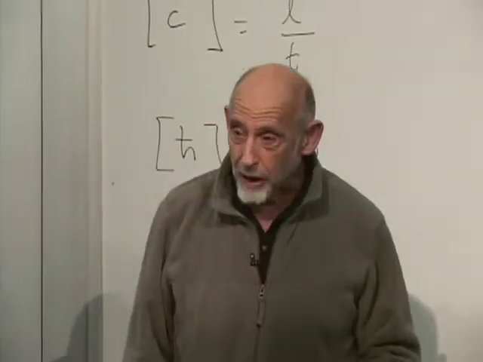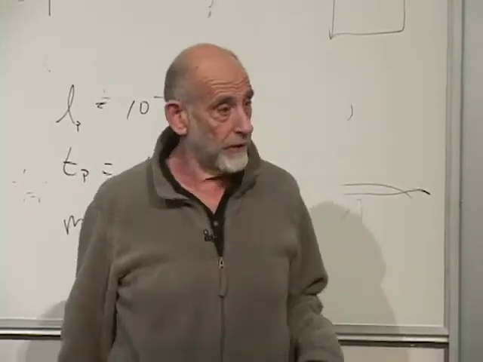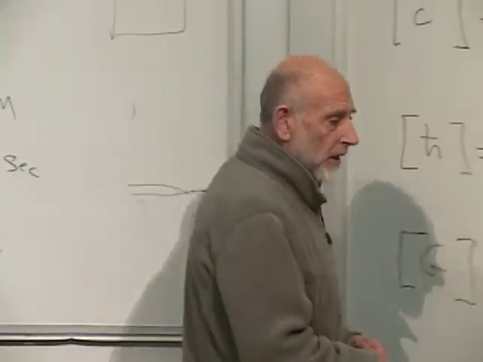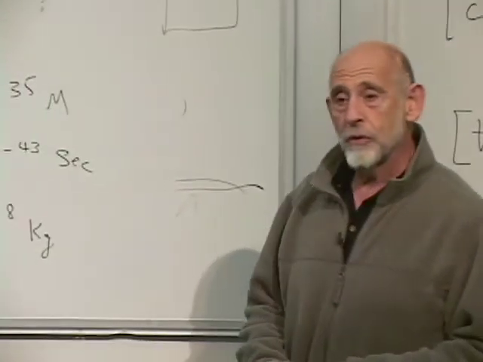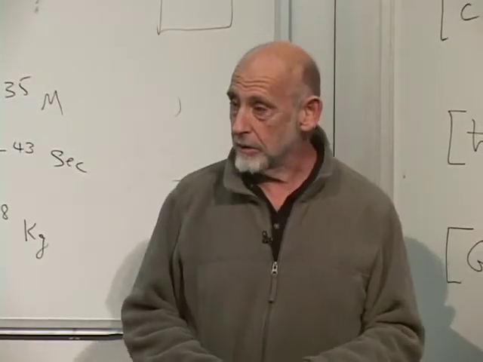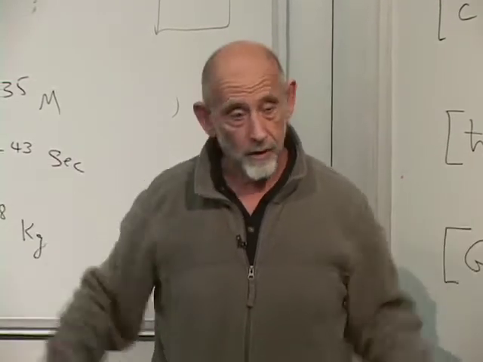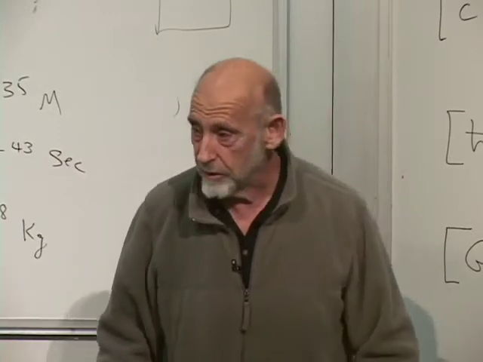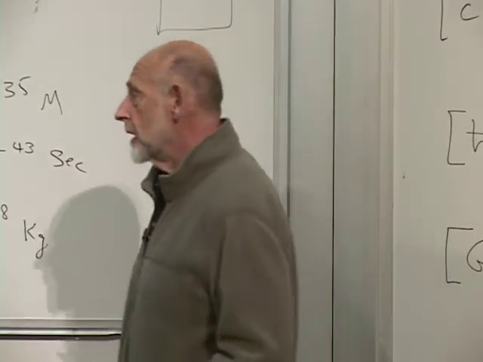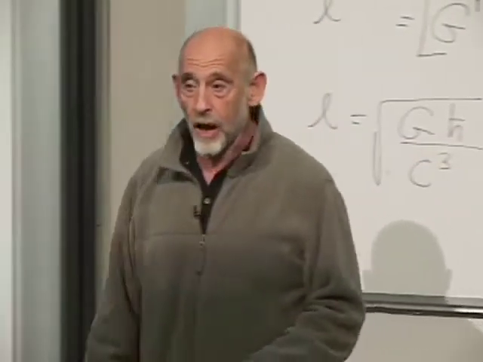Things measured in these Planck units are measured in some very, very fundamental units. I'll tell you some things. The known observable universe, the horizon size, is about 10 to the 60th Planck lengths. The age of the universe is also about 10 to the 60th Planck times.